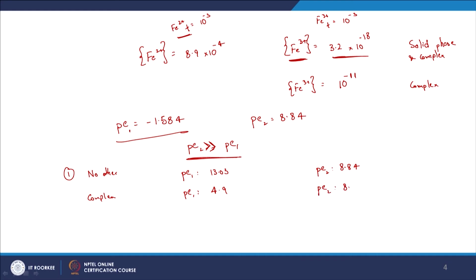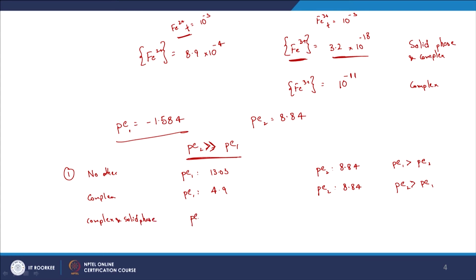Here PE1 was greater than PE2, and here PE2 is greater than PE1.